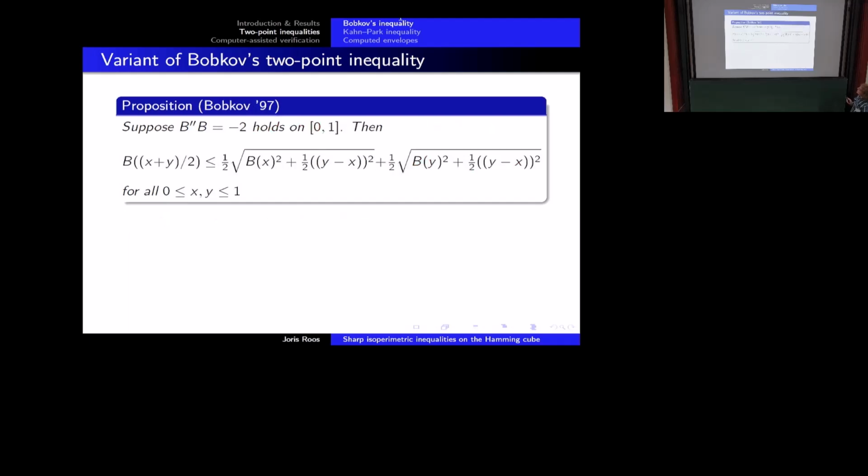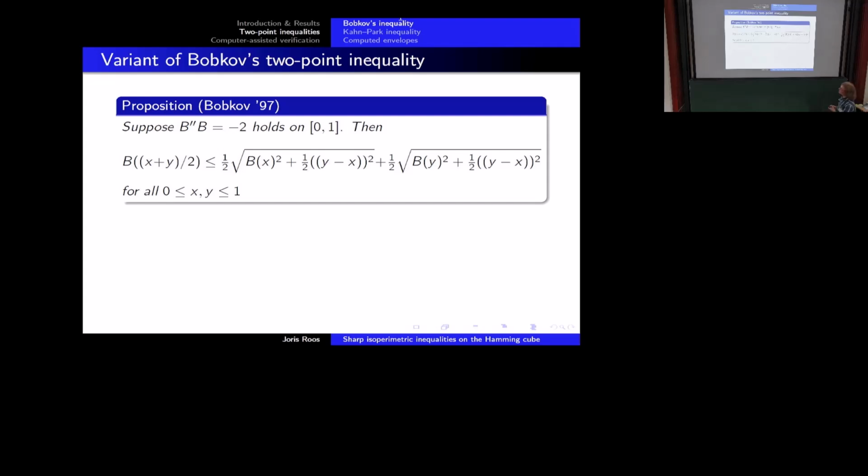So what Bobkov did in his 90s paper was basically, this is the most technical part of his paper, where he proves that if you have this interesting second-order differential equation, that's exactly the differential equation satisfied by the Gaussian isoperimetric profile, this composition of the distribution function and the cumulative distribution function's inverse up to a normalization, then you have this inequality.